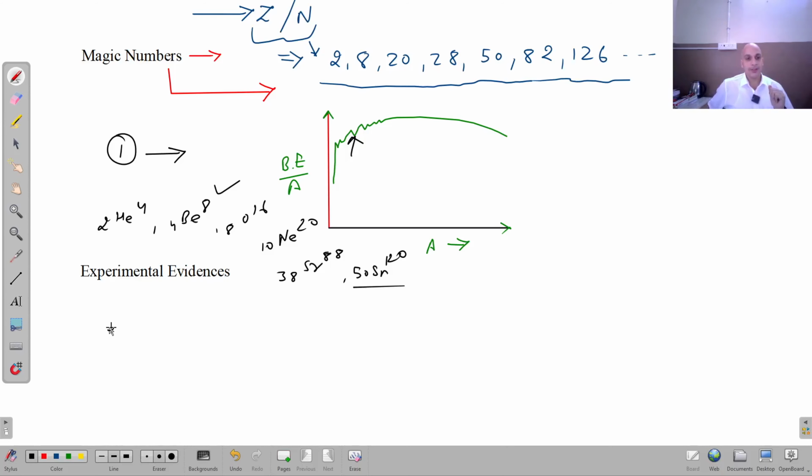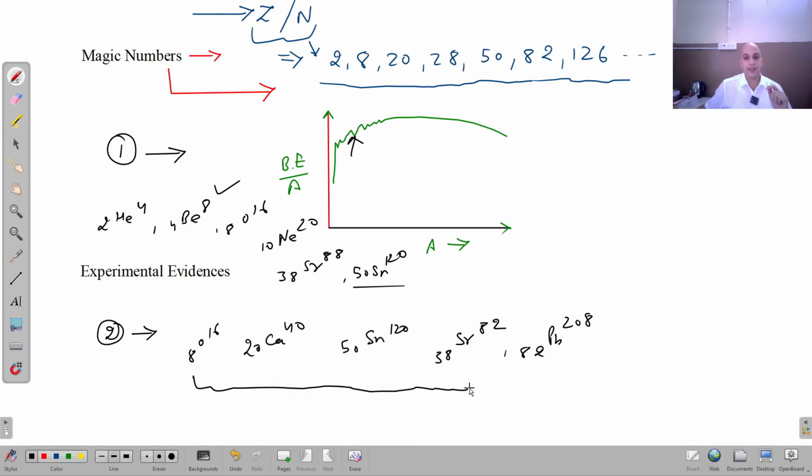Now I'm coming to the second one. We know very well that the stability of any nucleus is related to the abundance of that nucleus in nature. If we look at natural abundance, I mean those nuclei which are found in abundance in nature, then we observe that nuclei like 8O16 oxygen, 20Ca40 calcium, then 50Sn120 tin, or 38Sr88 strontium, or 82Pb208 lead, these nuclei are abundant in nature, right?